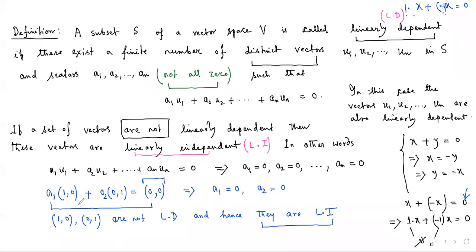If I take the linear combination like this and equate it to 0 and solve the equation, we find that the only possibility is that this linear combination will be the 0 vector if and only if the scalars are individually 0. No other possibility is available. And therefore, 1, 0 and 0, 1 are linearly independent vectors. Geometrically, one is situated on the x-axis and another is situated on the y-axis. So they are linearly independent.